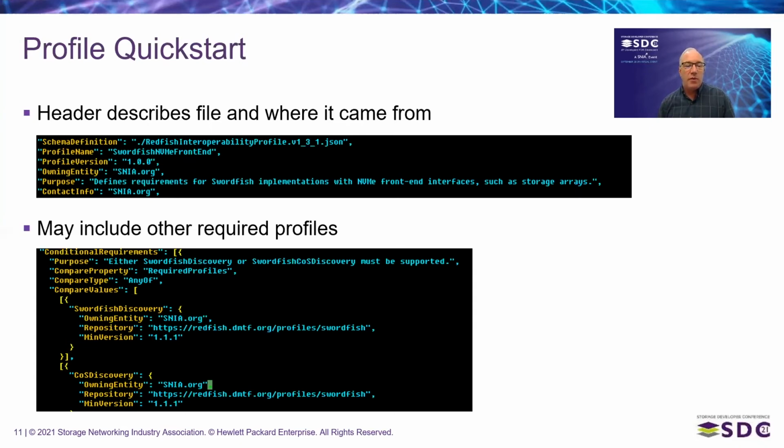This is the profile that we talked about a few minutes ago that is for NVMe over Fabric front end host interfaces. And you'll see one of the field entries in the header is the purpose that describes exactly that. We use this for an NVMe front end interface such as a storage array. There's also your typical profile version, and then an owning entity and a contact info. In this case, both of them are SNIA.org.